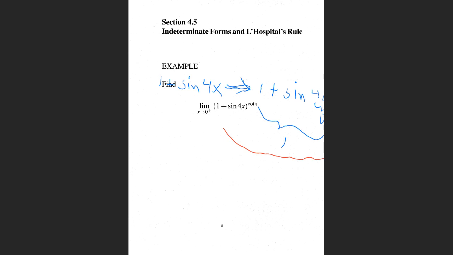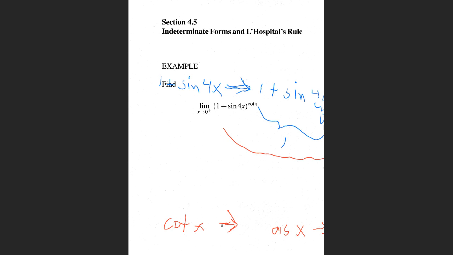So what does the cotangent of x approach as x approaches 0 from the right? That's right, it's plus. What do you get there? Infinity on the positive side.